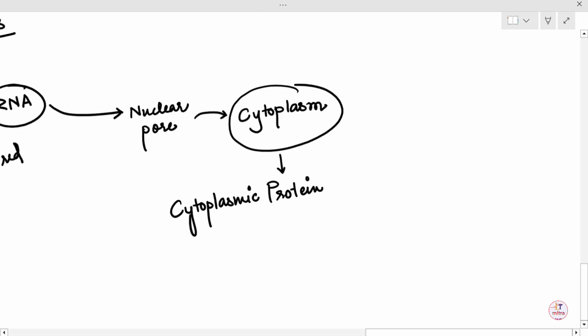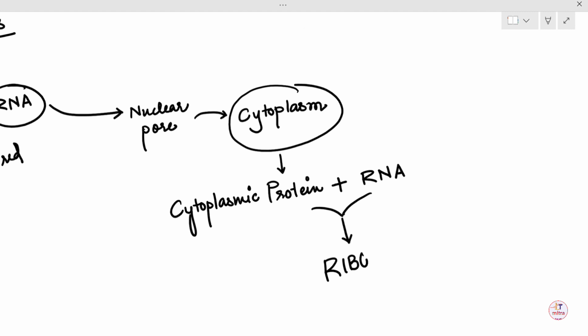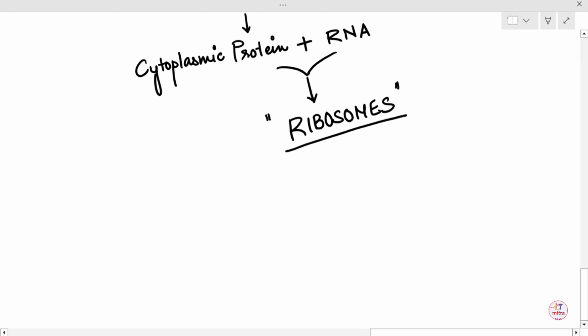And with the cytoplasmic protein, this RNA gets assembled and forms ribosomes. These ribosomes have two parts.